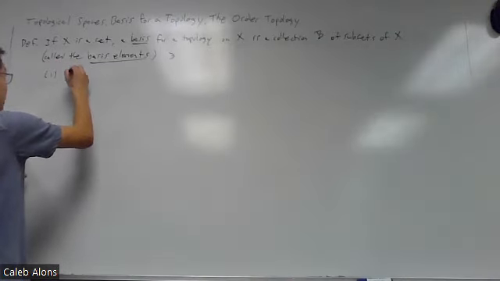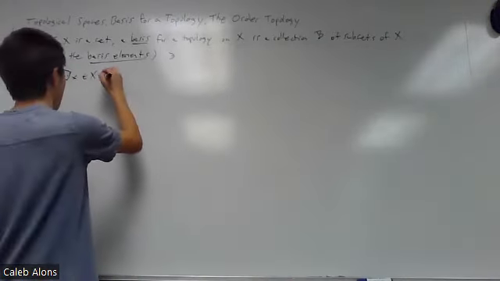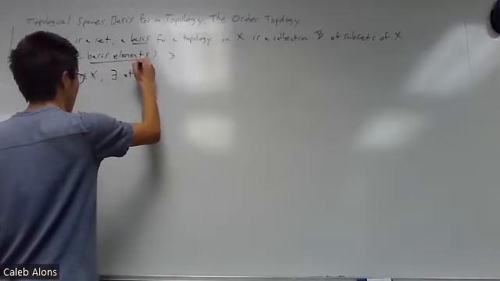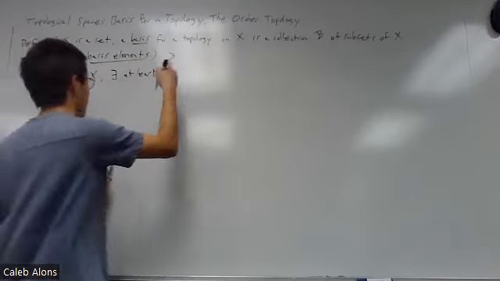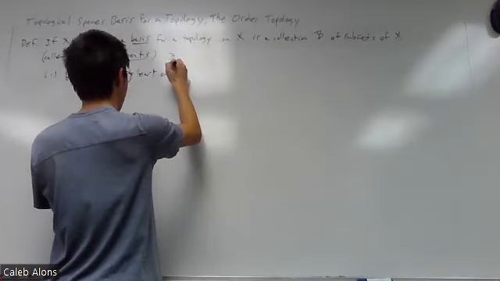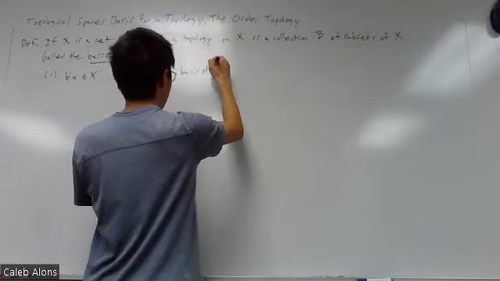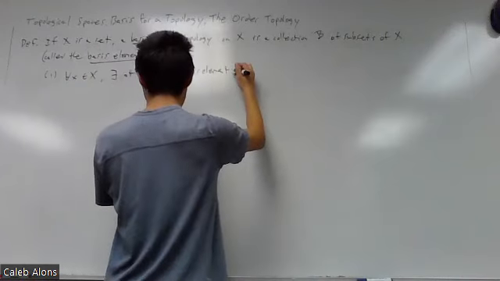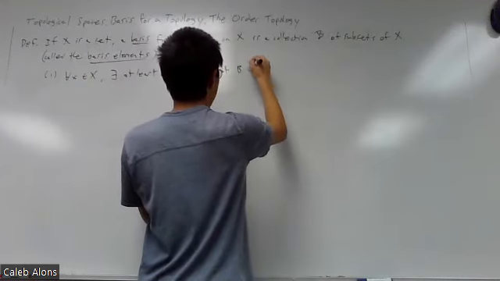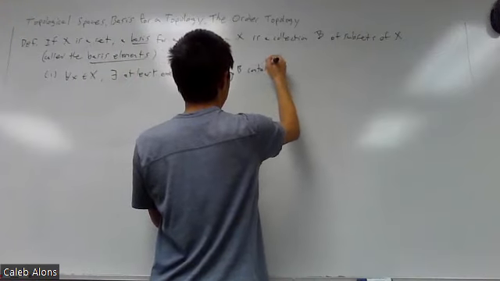First, for all X in the set, there exists at least one basis element B containing X. There could be multiple, but at least one.